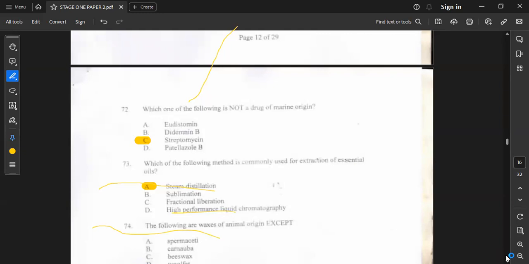Maybe what I can say, they are called essential oils because of their capability to be volatile. They are volatile oils, and they are usually a complex mixture of hydrocarbons and oxygenated derivatives, such as the esters, the ketones, and the aldehydes. Generally, they are immiscible with water, and most of them have a specific gravity of less than 1.